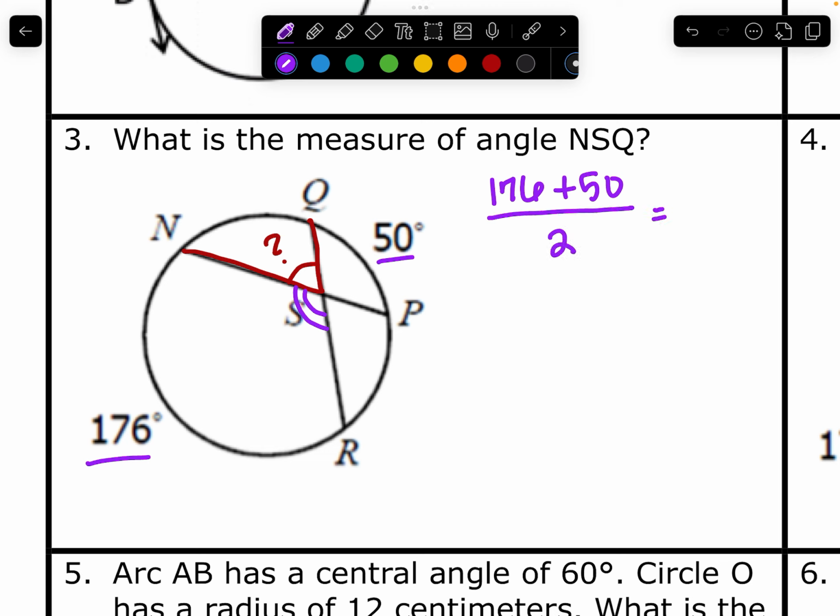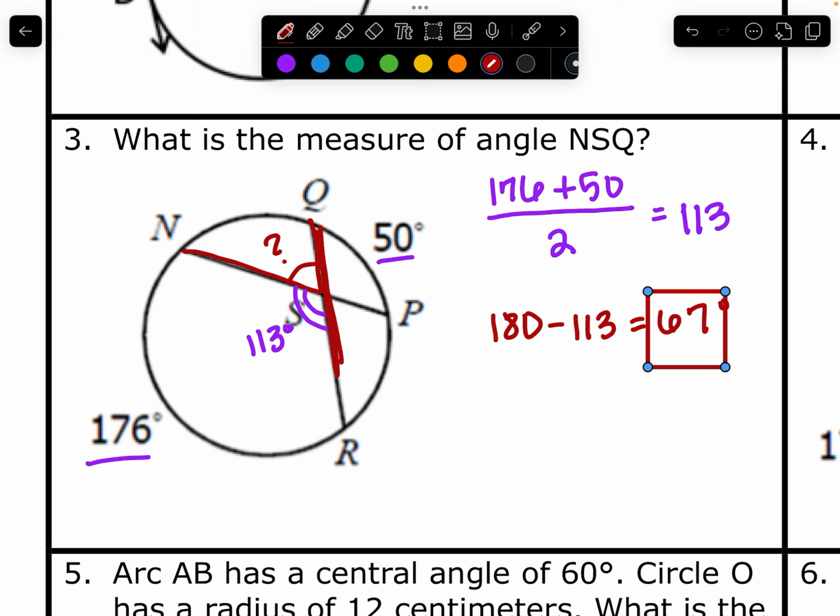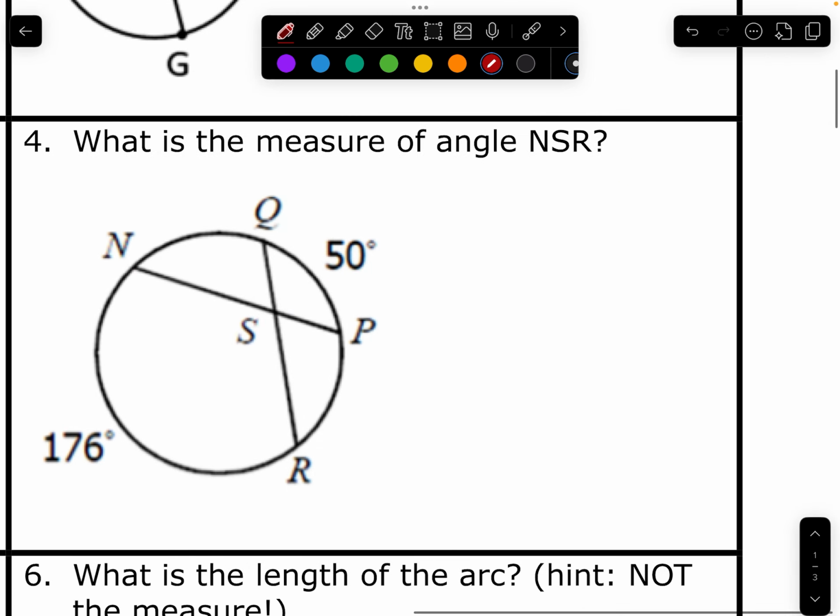That should give us 113. And if this is 113 degrees, the angle that we need is a linear pair with the 113 degrees. So they're supplementary, so we could just subtract from 180, giving us 67 degrees for that missing angle that we need. Go ahead and try number 4.